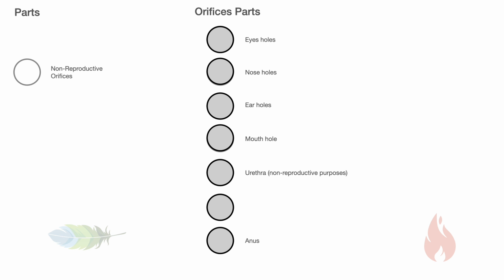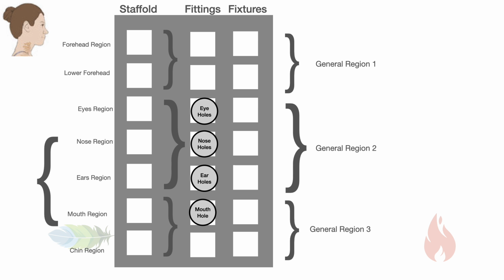So there's 6 in here, and it makes room for later on having the female vagina as an orifice part for the reproductive design. So we'll go ahead here, add the orifices, and there shouldn't be any holes in someone's forehead. And then you've got eye holes, nose holes, ear holes, and mouth hole. And there shouldn't be any holes in someone's chin region.